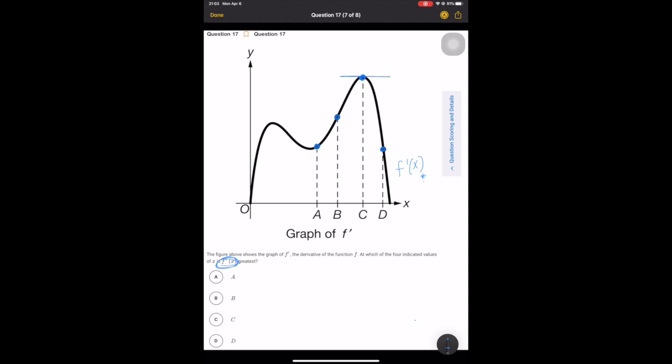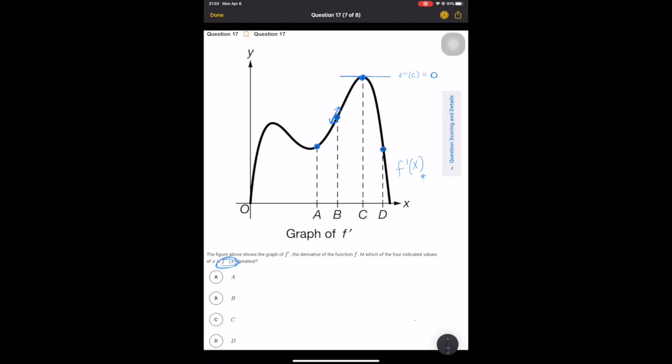Meaning that f double prime of c should be 0. The tangent line is horizontal. We have a horizontal tangent line. Okay, so it should not be C. Here, how is this slope behaving? Well, we see that it's positive.